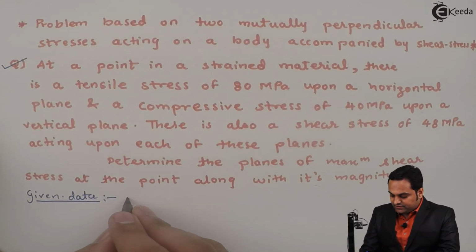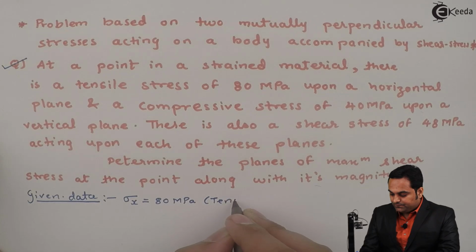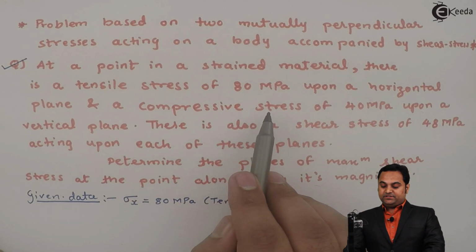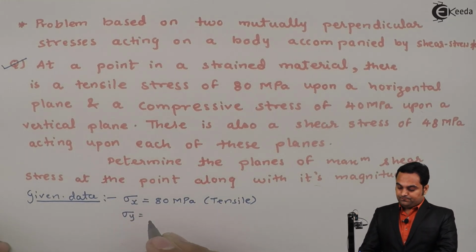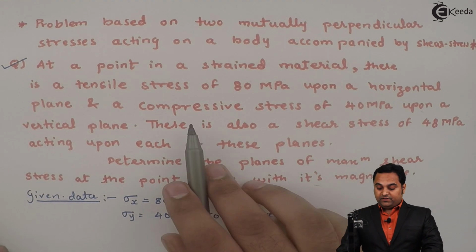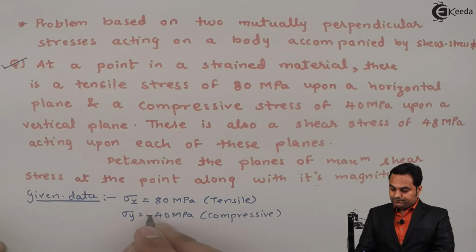So tensile stress, I'll assume it to be in x direction, 80 megapascal tensile. Next, and a compressive stress of 40 megapascal. Now, since it is compressive stress, we have to take it as negative.